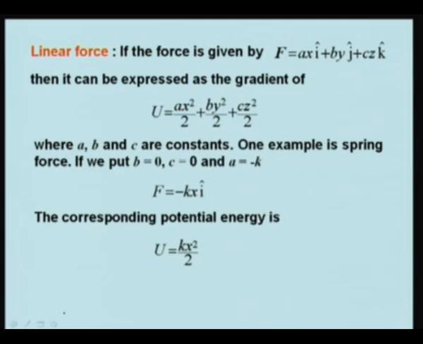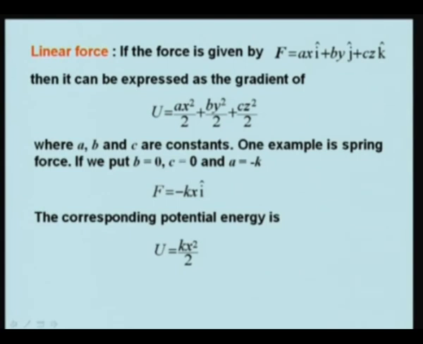If the force is given by F is equal to Ax i plus By j plus Cz k, then it can be expressed as the gradient of U is equal to Ax square by 2 plus By square by 2 plus Cz square by 2, where A, B and C are constants. If you take the gradient of U, this becomes Ax i plus By j plus Cz k.